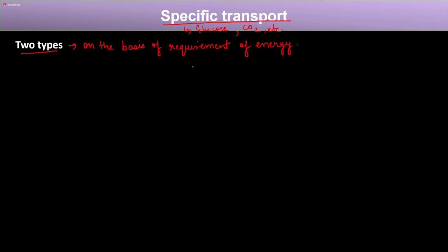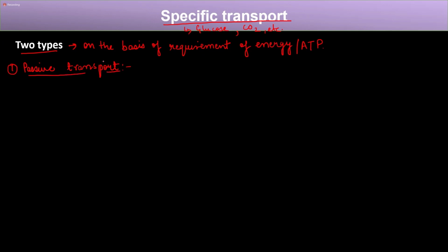On the basis of the requirement of energy, or you can say ATP, because in the cell energy is in the form of ATP, the specific transport is of two types. So the first type is passive transport.